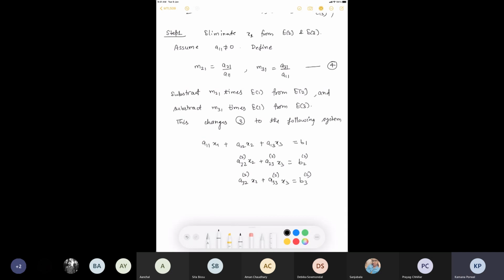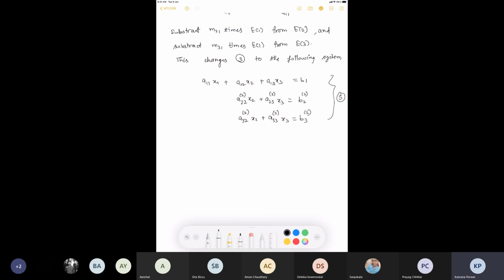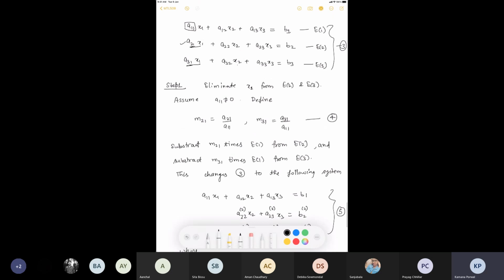And let's call this 5. Now, what are these coefficients? The new coefficients which I'm using here, Aij 2, is what it is going to be. So what I'm doing, I'm just multiplying by these multipliers M21 and M31 and then subtracting from the corresponding equation.